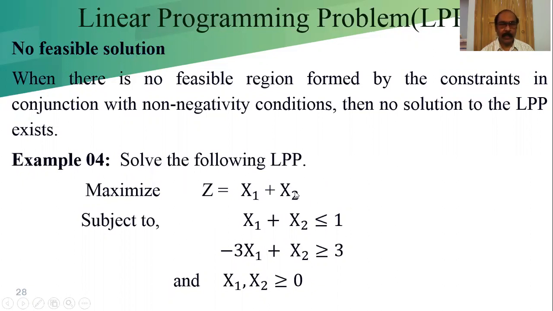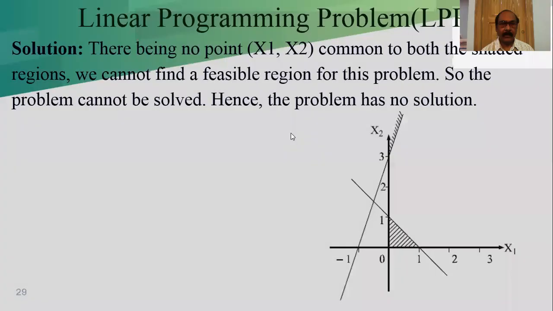Similarly we can explain it. We consider the equality signs, pass through and plot, and after plotting we will get it like this. For one constraint this is the feasible region, and for another constraint this is the feasible region, with x1, x2 greater than or equal to 0. For these constraints there is no common region.